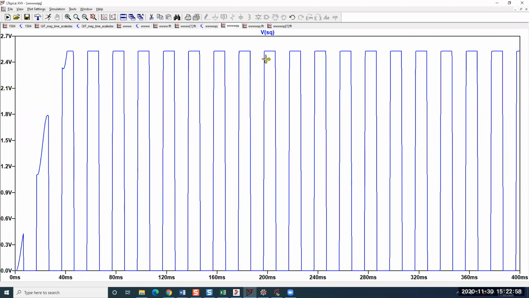And so here we go. Here's our square wave that can be used as a clock signal. All right. And of course, you can look at that.